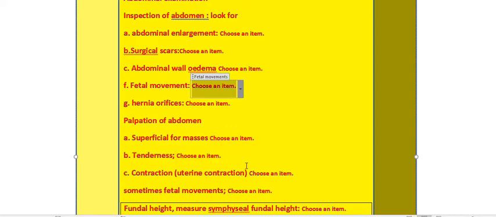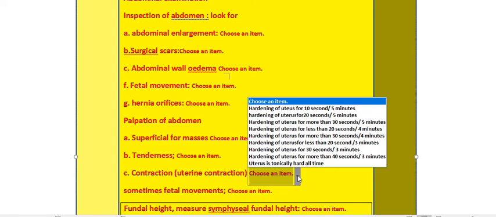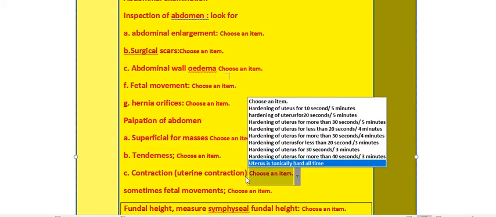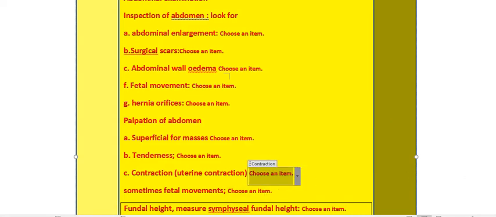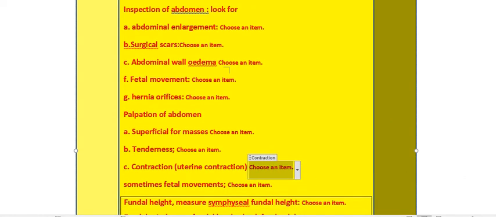any tenderness, and the uterine contractions: how many contractions every how many minutes, and they last for how many seconds, and whether fetal movement is detected or not, and then measure the fundal height.